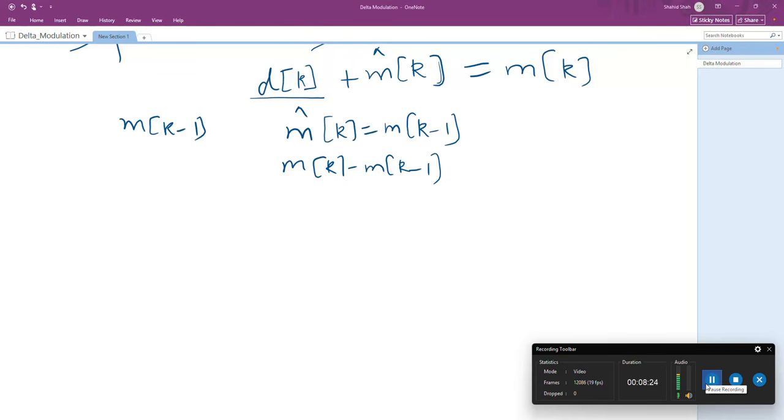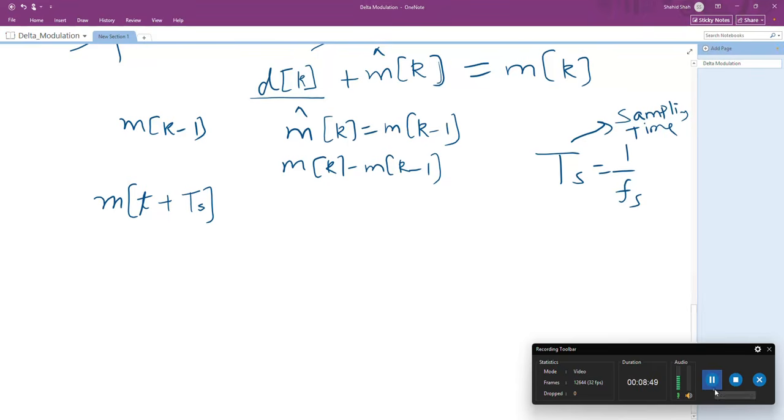But does this have any mathematical basis also? Can you get some prediction from the previous samples? The answer is yes. We can use something called the Taylor series. If you take this message as a function of time, and compute the value of the function at t plus Ts, where Ts is 1 over fs, the sampling frequency, called the sampling time.